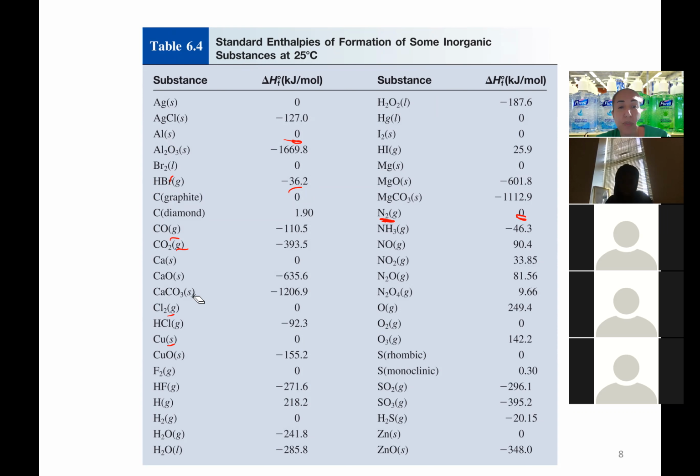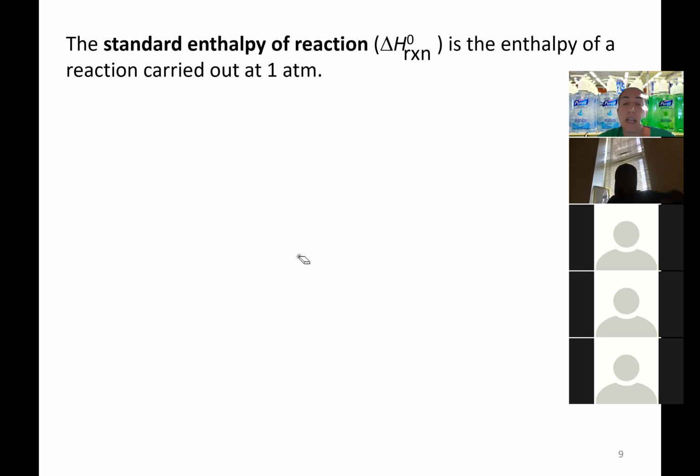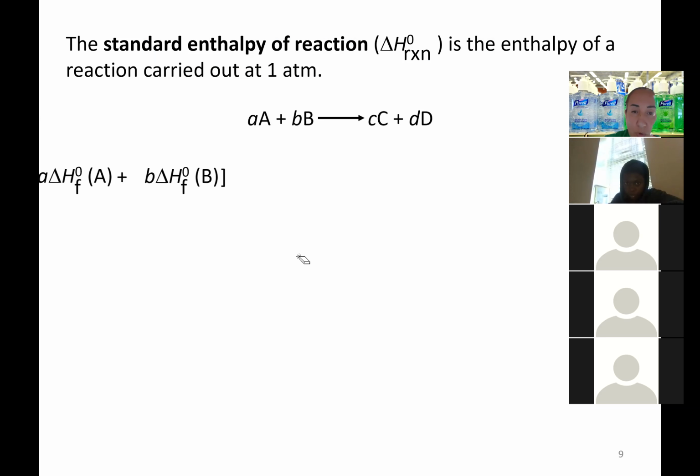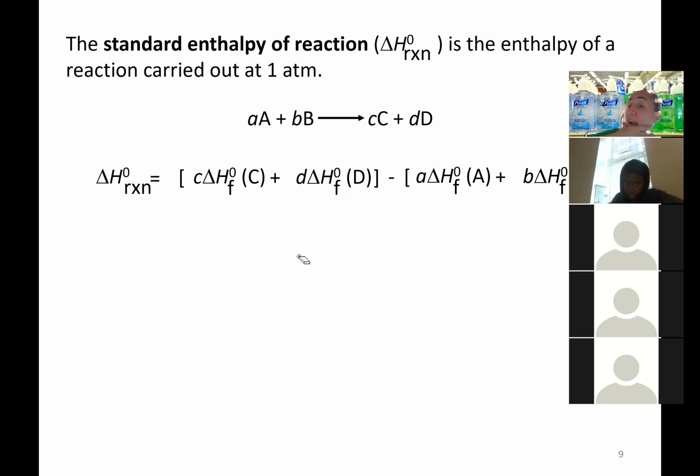Okay, so now the next slide. Okay, so take a breath because this is really easy. It's just that I'm going to put this on here and you're going to have a heart attack. Okay, so remember the point that chemists want to do for this chapter.